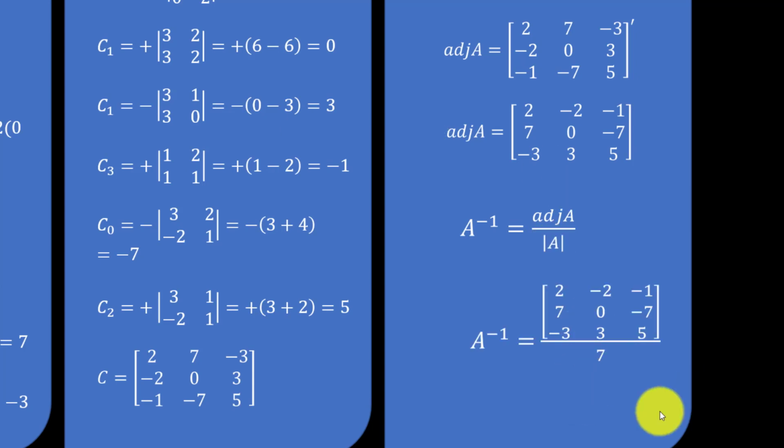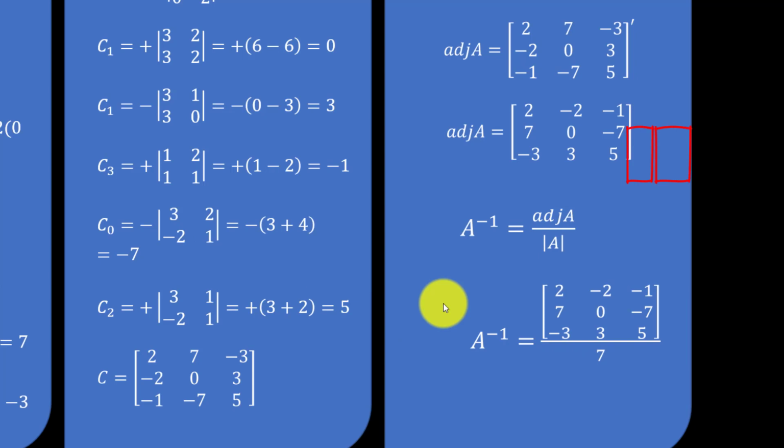Here you have to understand properly the difference between adjoint and A inverse. Adjoint is a part of A inverse, so without calculating the adjoint we cannot calculate A inverse. In addition to the adjoint, we have to calculate the determinant also for calculating A inverse.